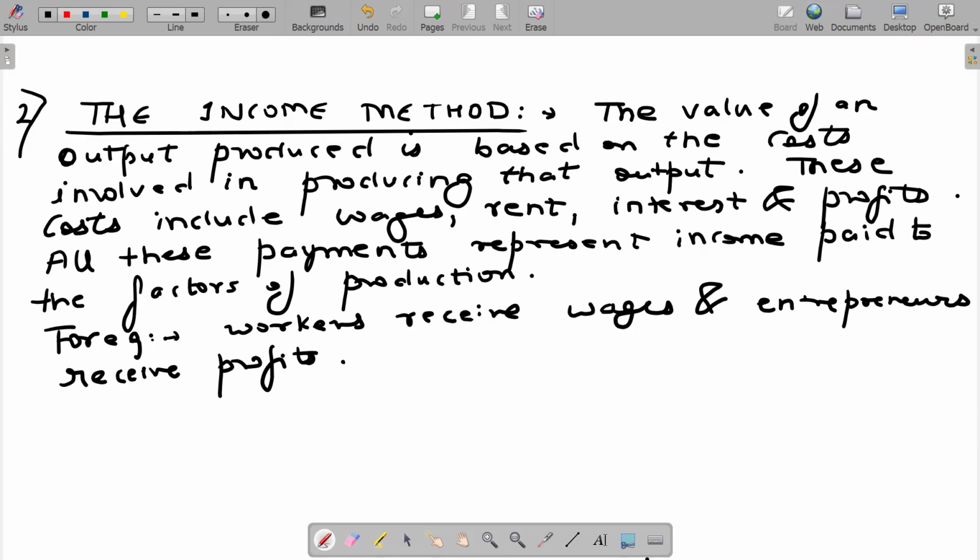Okay, so in the income method, you are adding the income of all those people or firms which are involved in making the output. Wages are the income of the workers. Rent and royalty are the income of the people or the households who are providing land as a factor of production. Interest is the income on capital. Profits are nothing but the income of the entrepreneur. So you add all these incomes, which helps you in estimating the GDP using the income method.